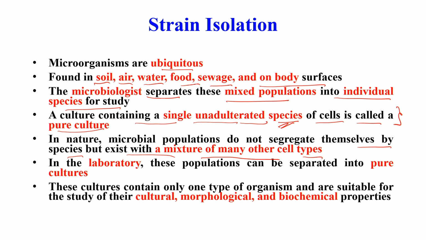In the laboratory, this population can be separated into pure cultures. These cultures contain only one type of organism and are suitable for the study of their morphological, biochemical and other properties.